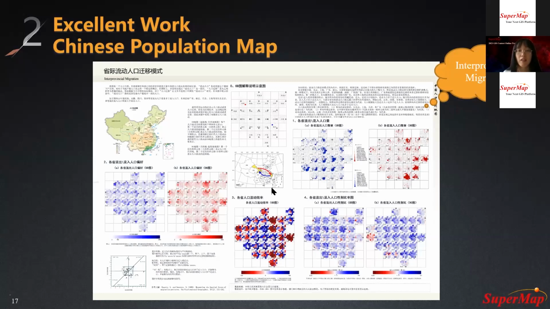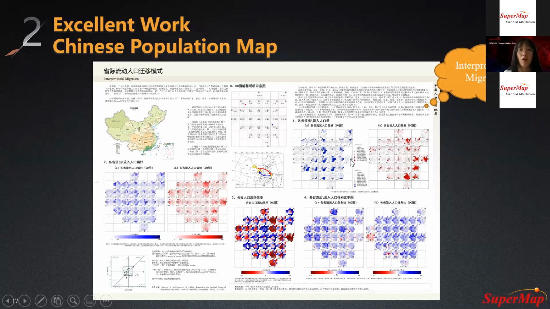And he put the result of the origin-destination on the map. So if we read these charts and the explanation paragraphs, we can learn more details about how for each year the population migrates between the provinces in China.